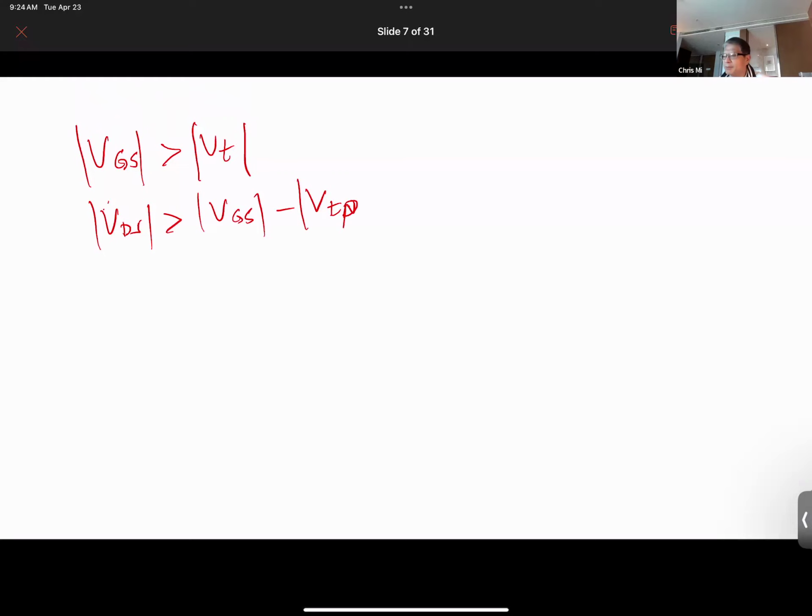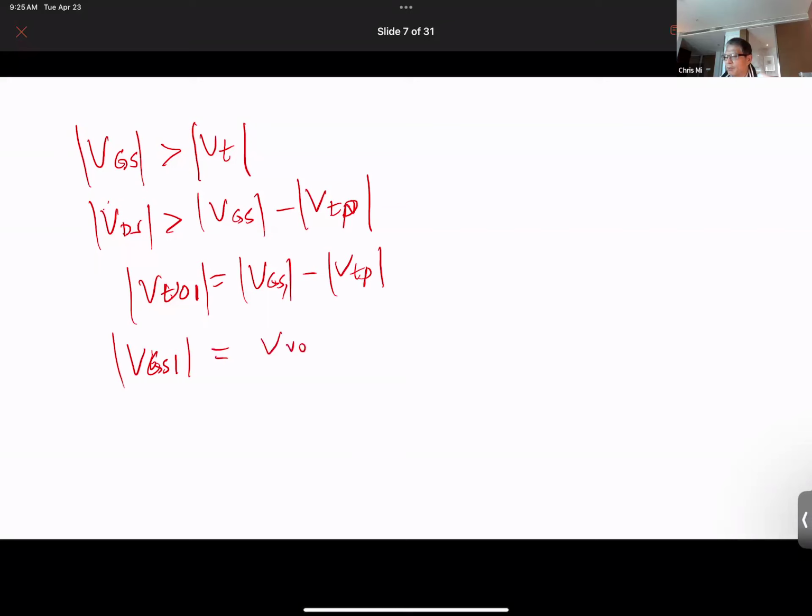For Q1, yes, it's VTP absolute value. So the difference between VGS and VTP is called VOV. In this case, VOV1, again using absolute value, is VGS minus VTP. So VGS1 is equal to VOV1 plus VTP. So that's what we got.